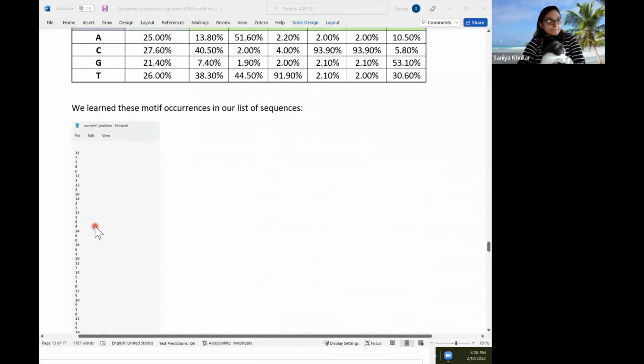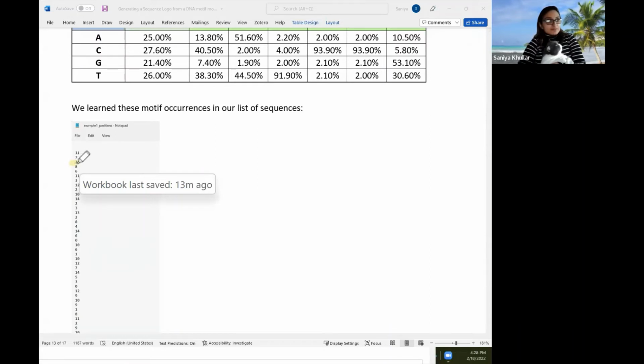So in this example here, we can see in the third row, this is 2 here.